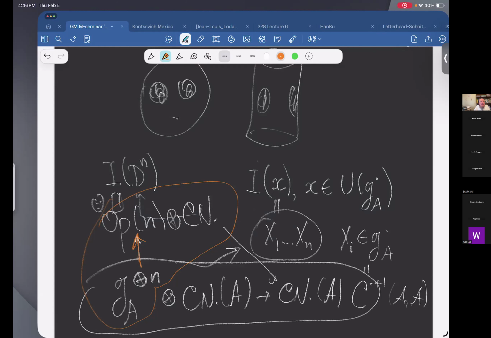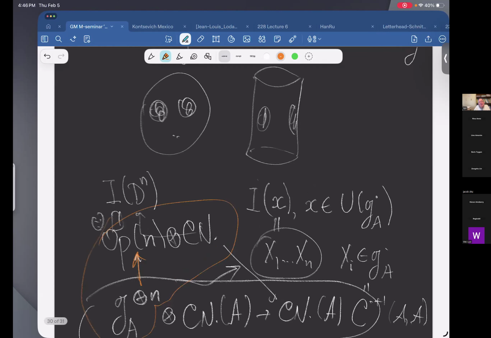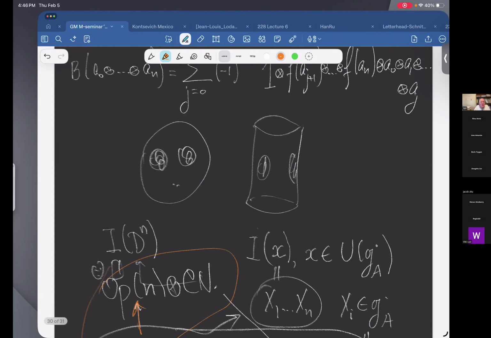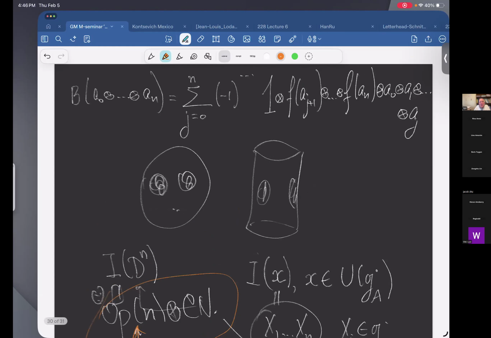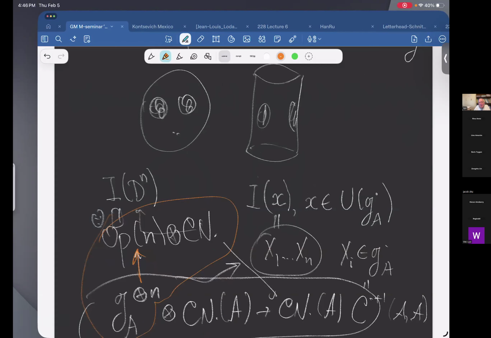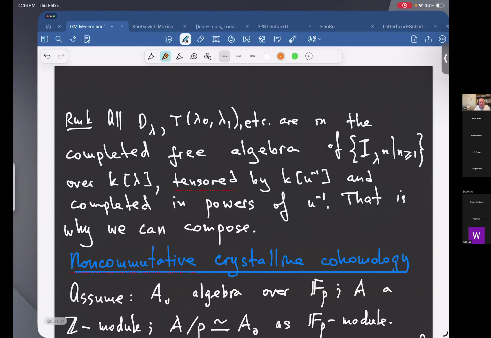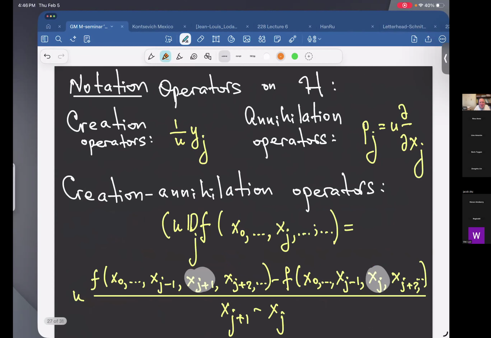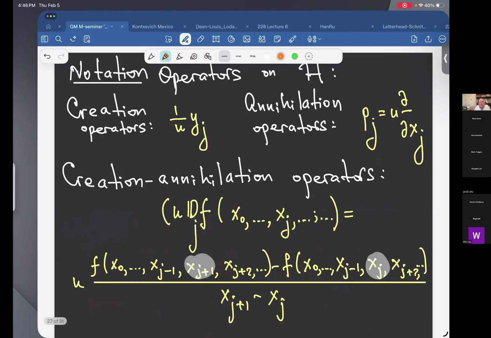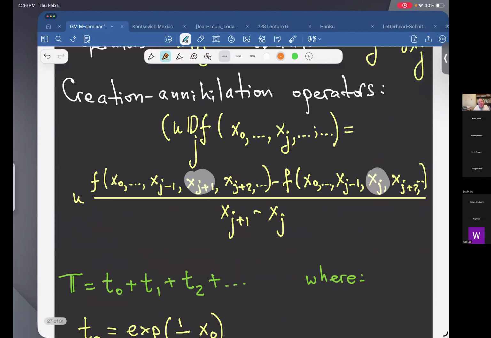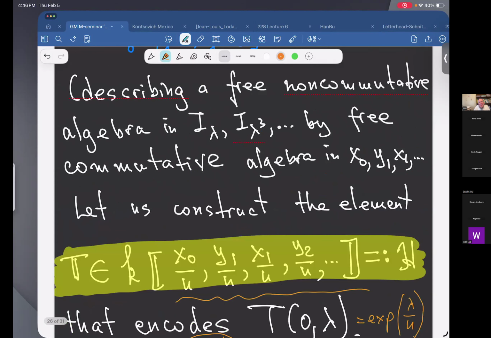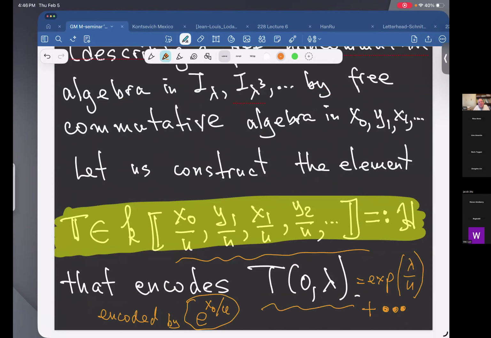Okay, and another question: what kind of physics did you mean? You said that it resembles some physics. What physics should one look at, if one wants to look at something in physics? I have no idea. I have something like Fock space, in this sense.